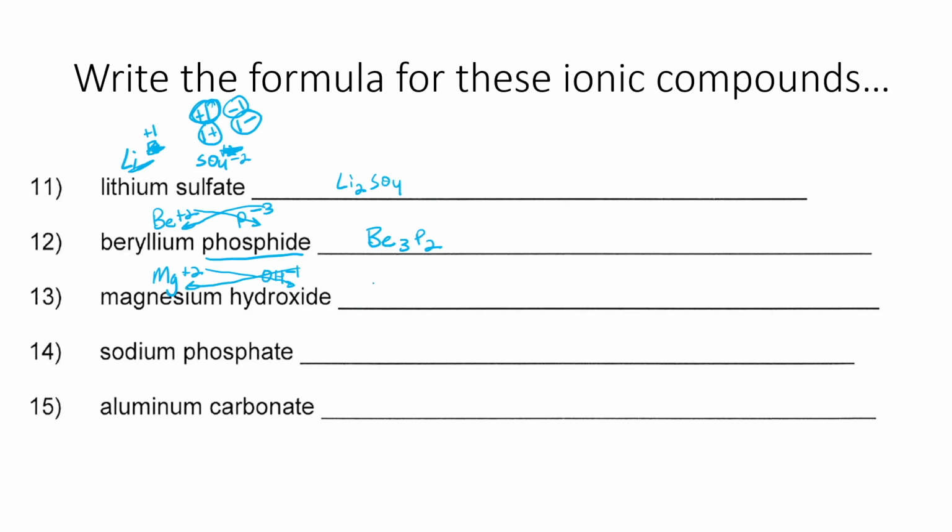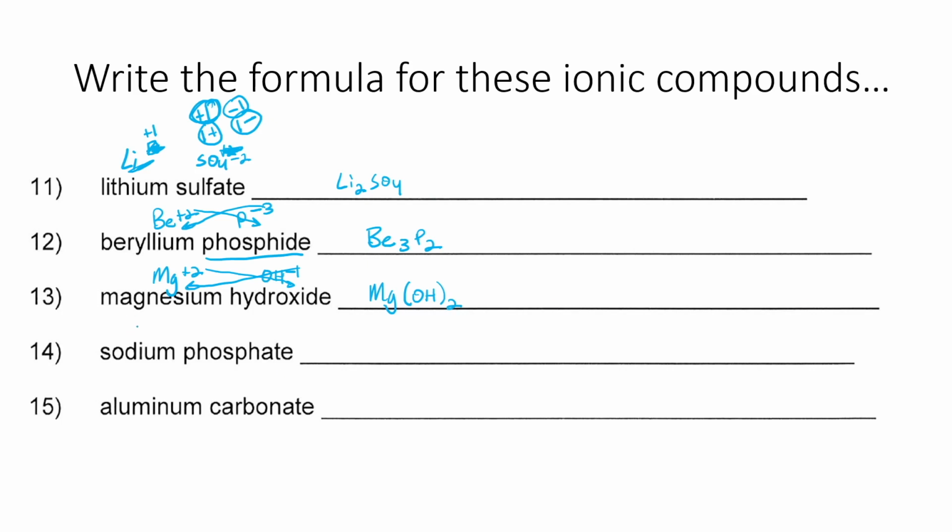So all you have to do now is write it all out. It's going to be Mg, and now we're going to have more than one hydroxide, and that's why we'll need the parentheses. So it would be OH minus, and then there's 2 of them, to balance out the need for magnesium's 2 plus charges there, okay?